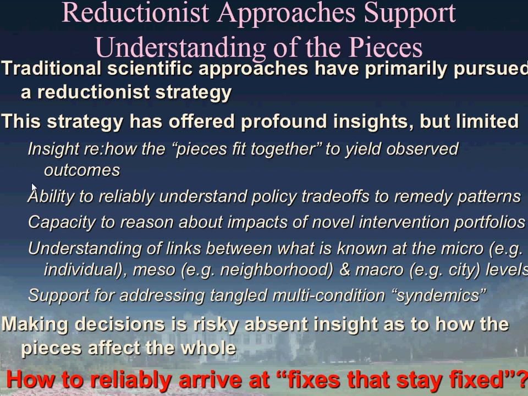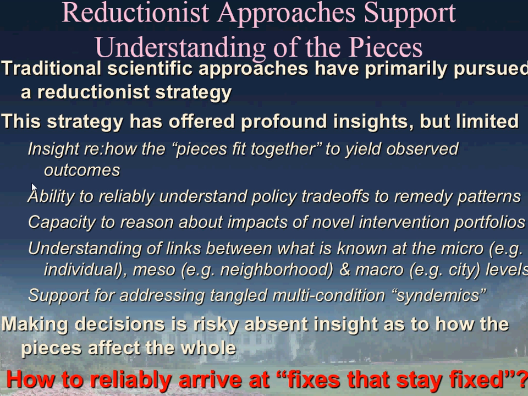And they have again limited ability to address multi-condition syndemics, such as we see between substance abuse, violence, and addictions within the context of certain low-income communities, or increasingly between chronic diseases like diabetes and other conditions linked to them through adverse immune impact or other factors. So, making decisions in the context of health is risky, absent insight as to how the pieces affect the whole.